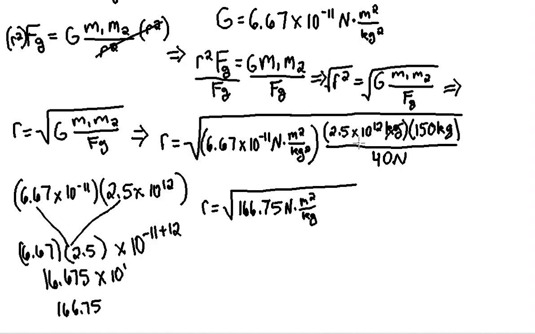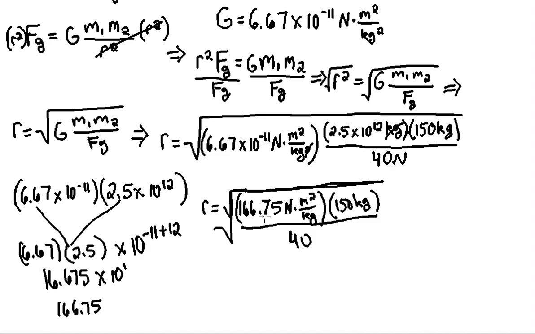So this canceled out with this. So I'm multiplying this product by 150 kilograms. And then I divide all of that by 40. And this whole thing is in this square root. That's a common mistake people make. They forget to square root the whole thing at the end.